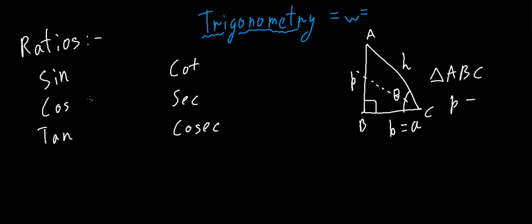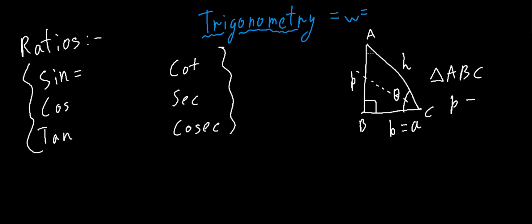Learning these ratios is the most important part in trigonometry, because this is literally what we are going to use in order to solve trigonometric problems, and this is literally trigonometry. There's nothing else we can describe it as. Before that, we have to know that there are perpendicular, hypotenuse and base in a right angle triangle. So we're going to make a ratio out of this.